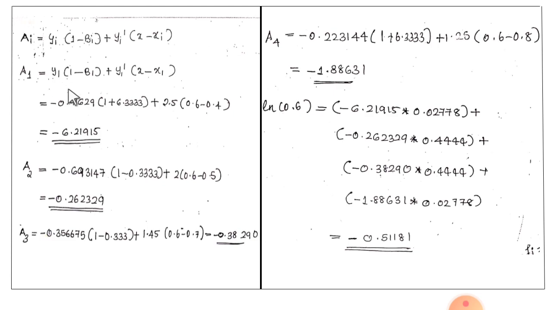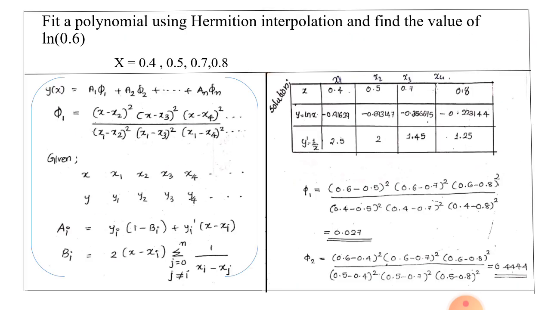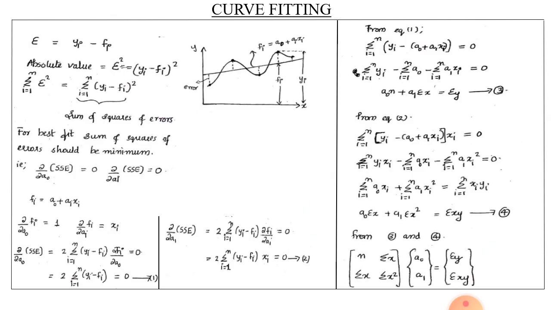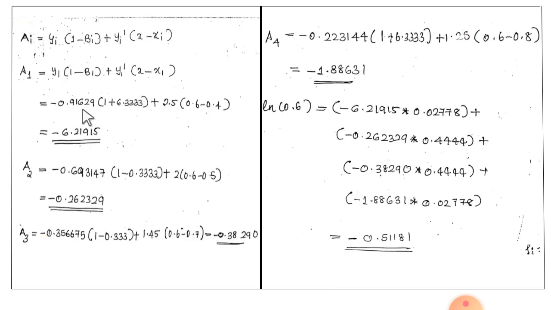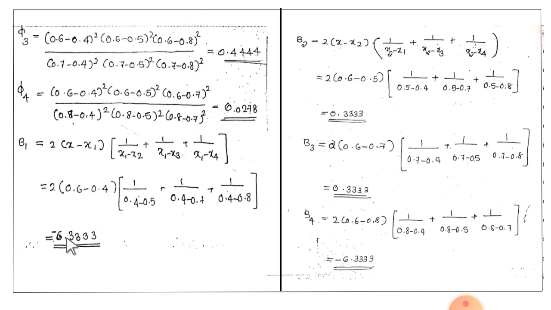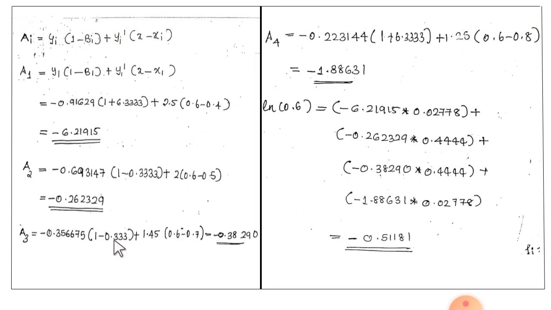So y1 is obtained here as minus 0.91629 into (1 minus b1). The b1 value was obtained as minus 6.333. So substitute the values here. Again substitute the value of this, and you can find the value for a1. Similarly, you can find the value for a2, a3 and also a4.